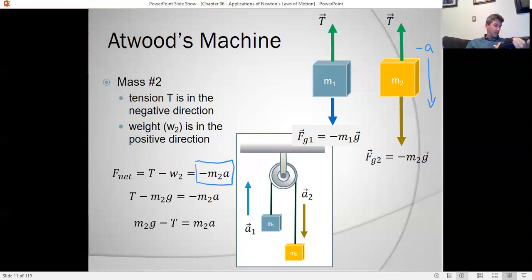The sum of the forces equals mass times acceleration, but because I'm relating this acceleration to the previous acceleration, I've got to give it a sign. Once again, I get an equation that relates tension to acceleration.